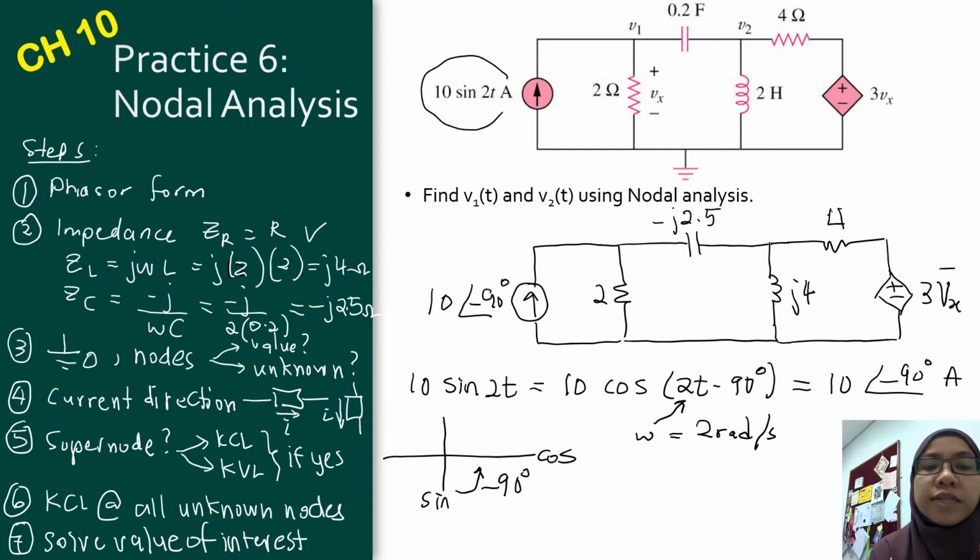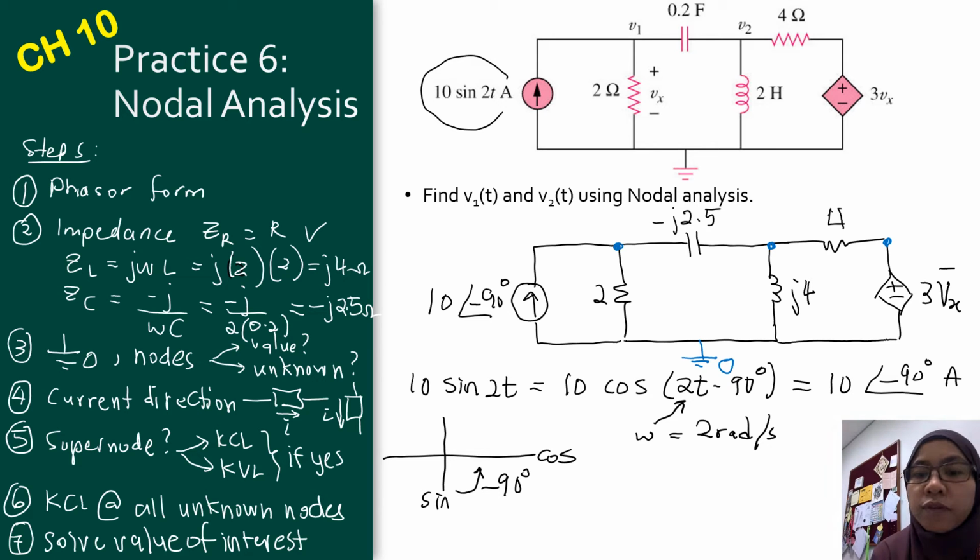Next, in step number 3, we need to draw the reference point, which is at the node with the most branches, which is at the bottom. And then we need to name the other nodes that we have.